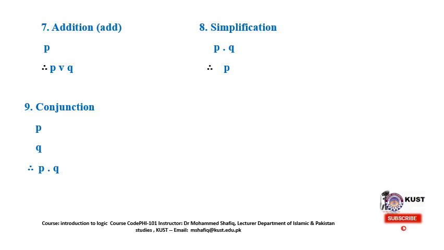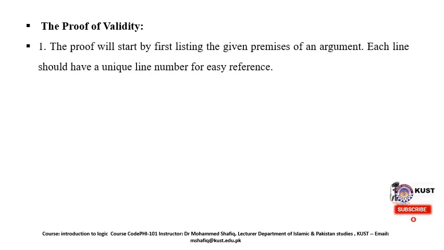If you remember, we discussed it before. Now we are going to see what is proof of validity. The proof will start by first listing the given premises of an argument. Each line should have a unique line number for easy reference.